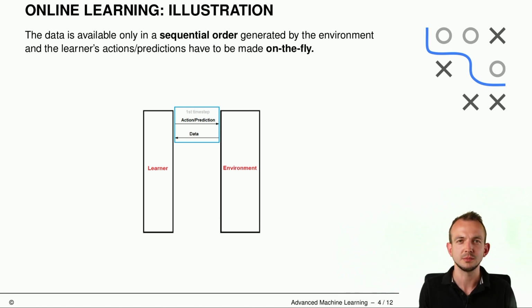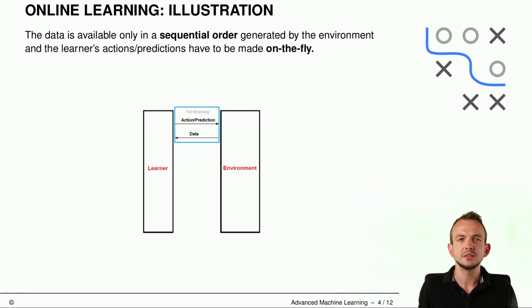Can be also simply an action if we are in a game playing scenario, so we can also include game playing into the online learning world, then we have that the environment is indeed an adversary or an opponent in a game.